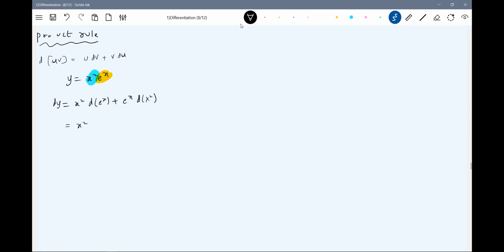This will become x square times e to the power of x, plus e to the power of x times 2x. Or you take e to the power of x outside: e^x (x square plus 2x).